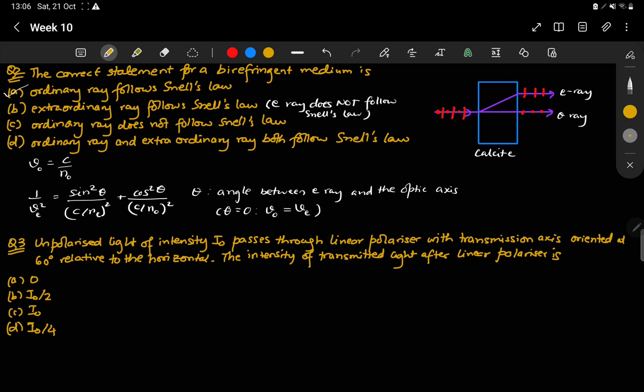The correct answer to this question is I naught by 2, option B. And this comes from Malus law.